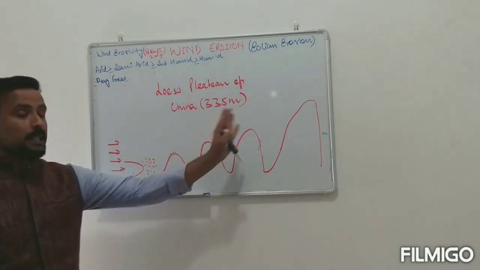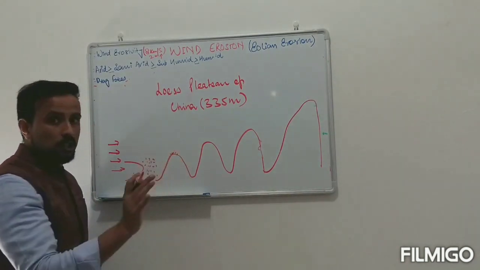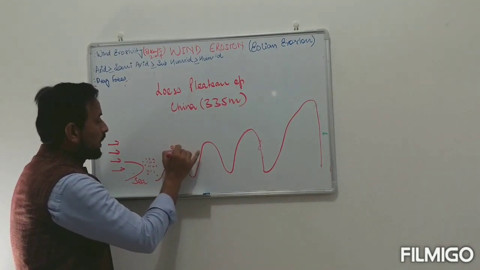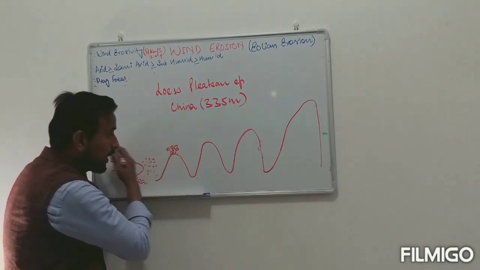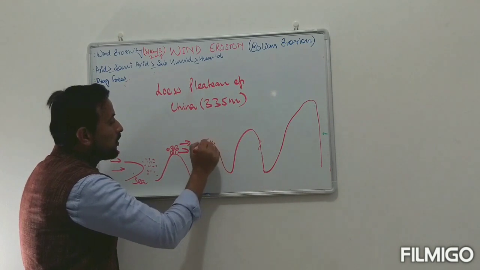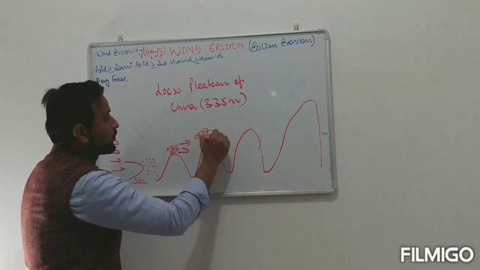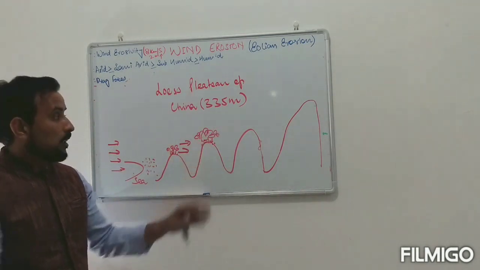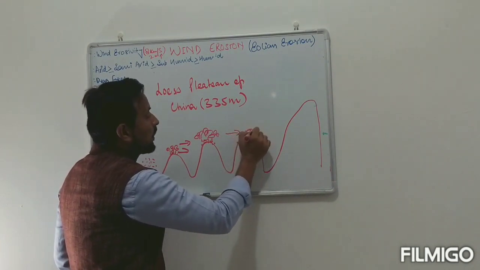If sand dune formation is happening like this, right? So at the first sand dune, there will be less vegetation here on the top because silt particles are getting accumulated here. Then by the force of wind it goes this side and more particles will be accumulated here. Then more vegetation will grow here because silt size particles are accumulating. By this point, even more silt particles will be here.